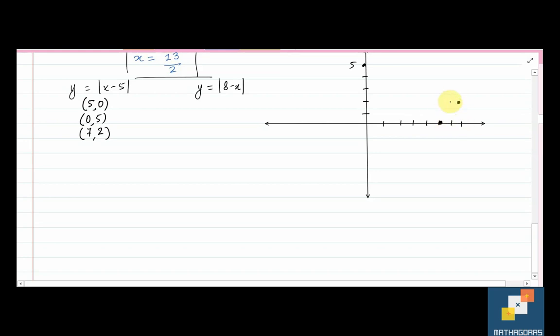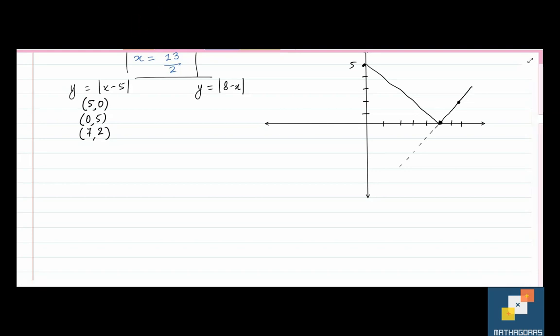So we got 3 points, and now we can plot the graph. Basically the behavior of the graph goes like this, but due to the sign of modulus, it reflects the negative part into positive.